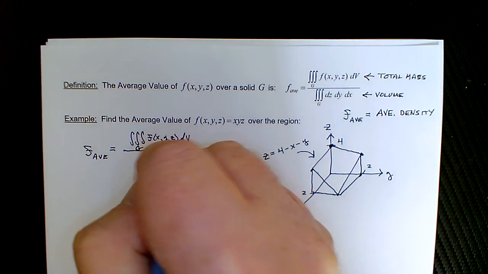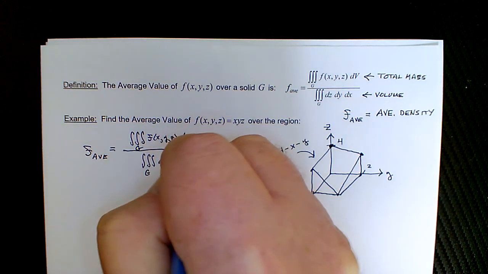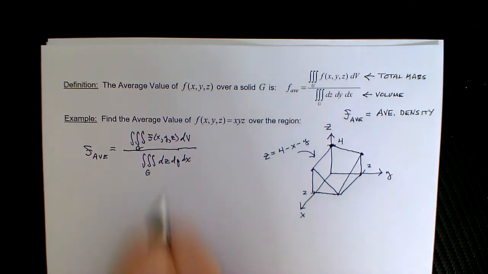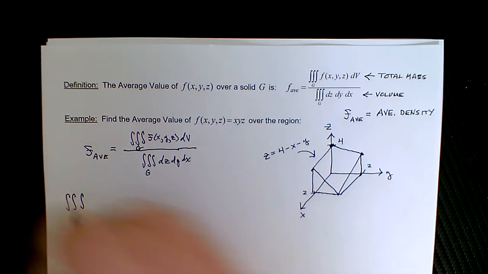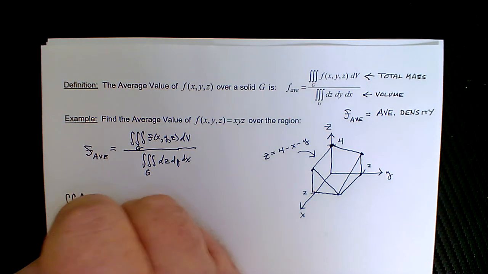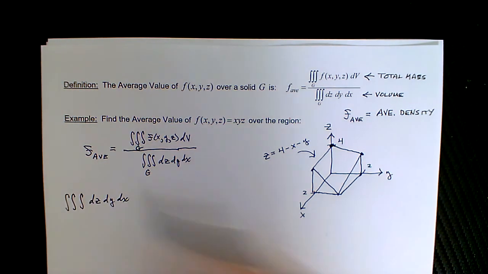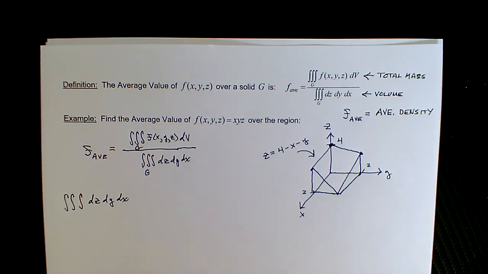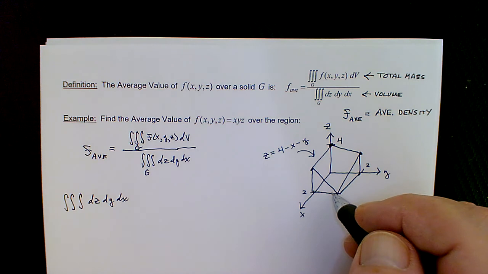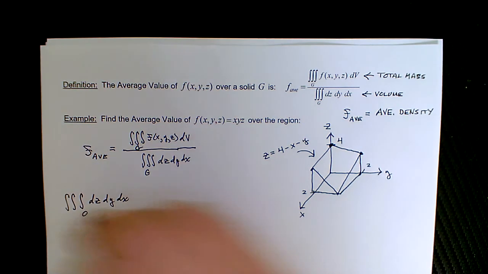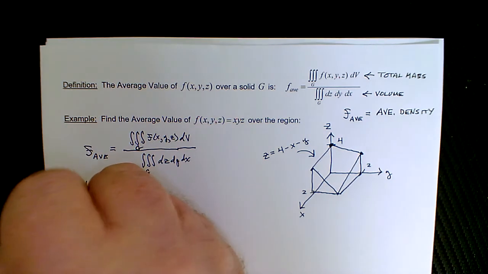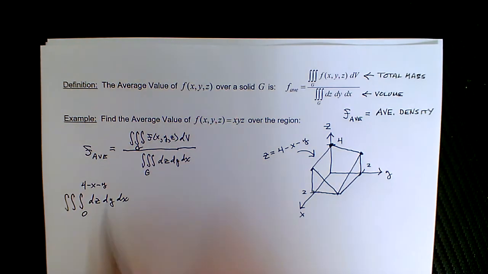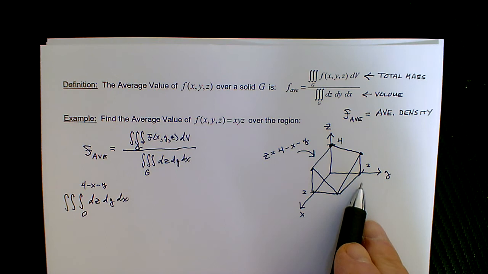Okay, so the first thing is I'll go for the denominator. That might be easier here. Triple integral of dz dy dx. Really just the volume of this little sliced up box. So we're going from, just similar to the last example, 0, the xy plane, to this function, 4 minus x minus y, and then both the x and the y, you can draw the projection in the xy plane if you like.